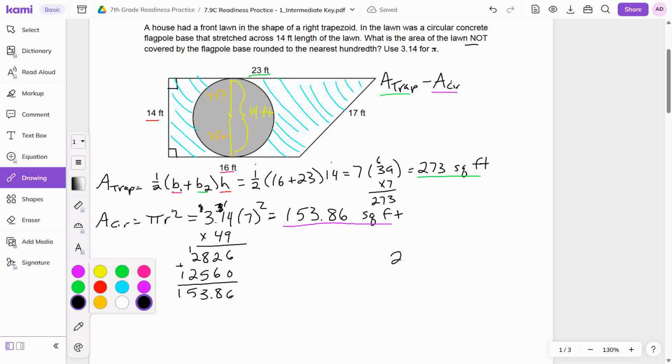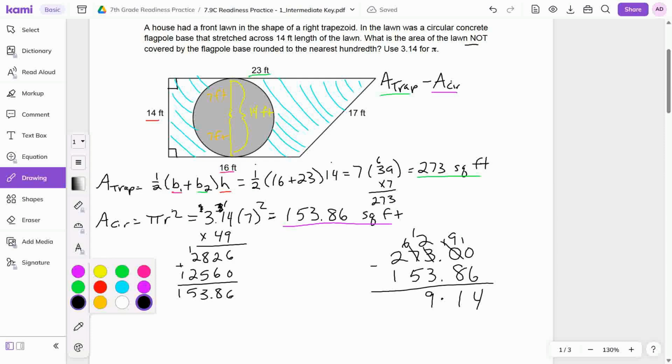So 273. Now I'm going to put a decimal right there because watch, you want to line up the decimals. And since there's blanks up there, I need to add zeros because I am going to need to regroup. So that's going to be 10. Take 1, leave 9. There we go. That's 4. That's 1.